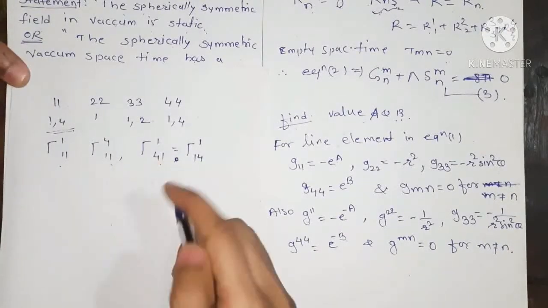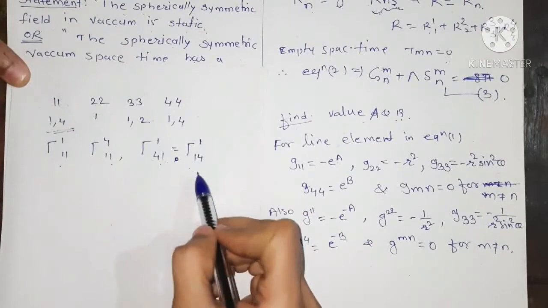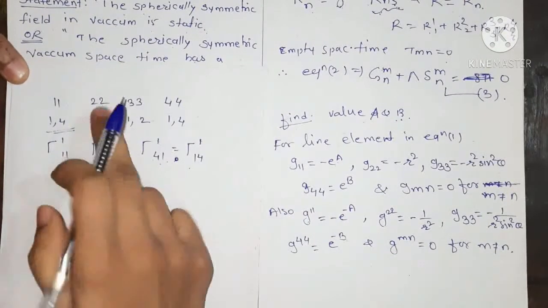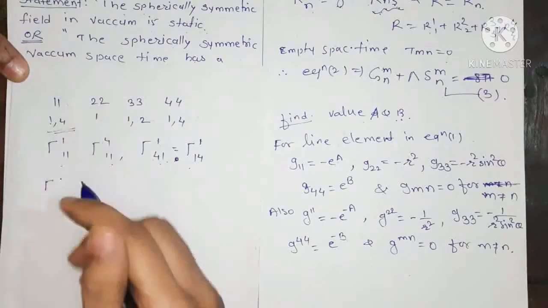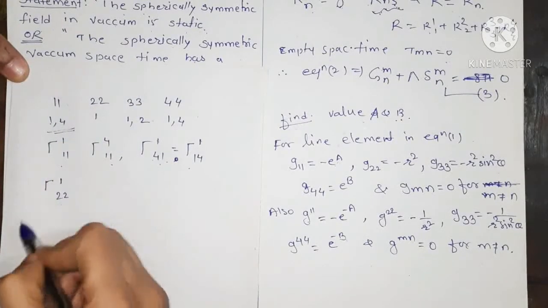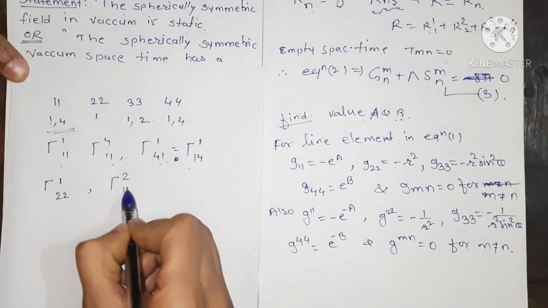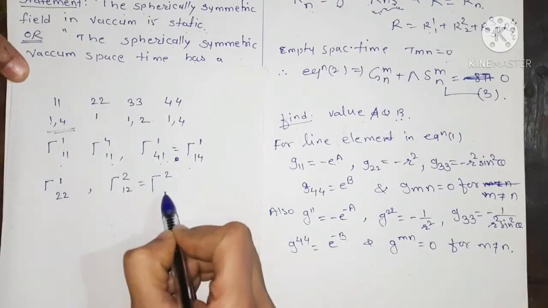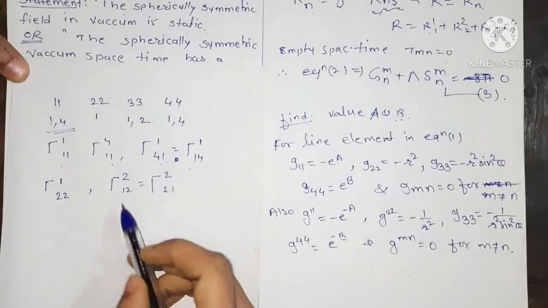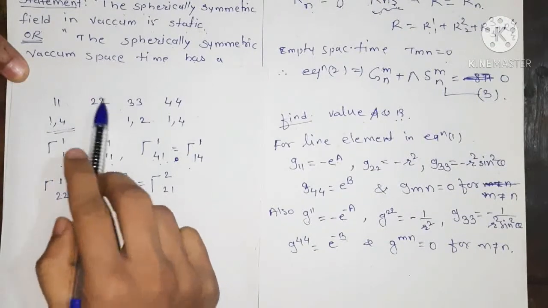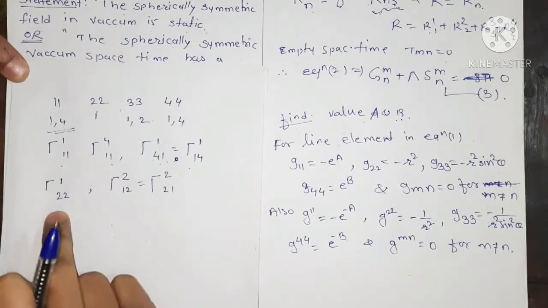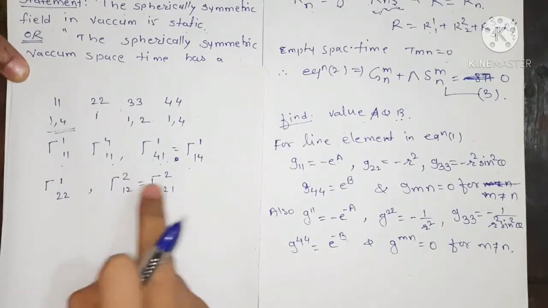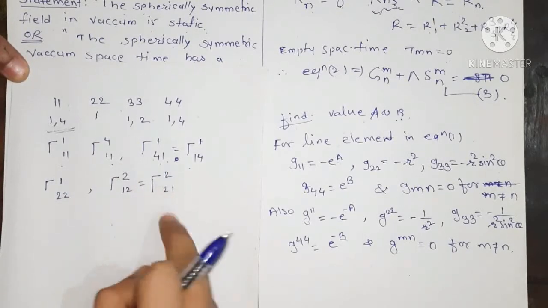Similarly, this gives us gamma of 1 2 2, and gamma of 2 1 2, which is equal to gamma of 2 2 1.